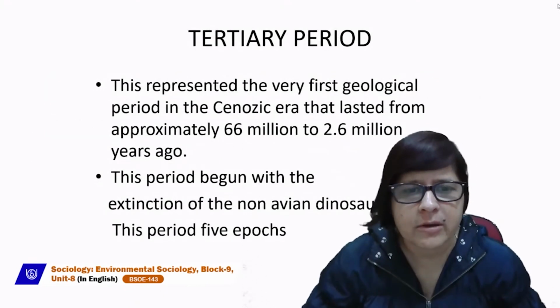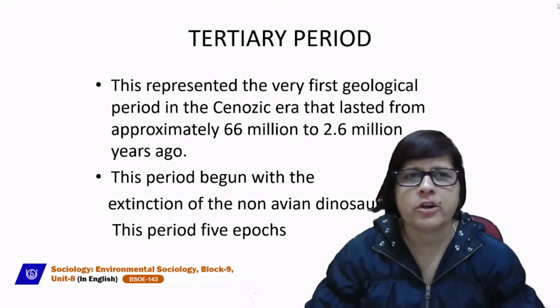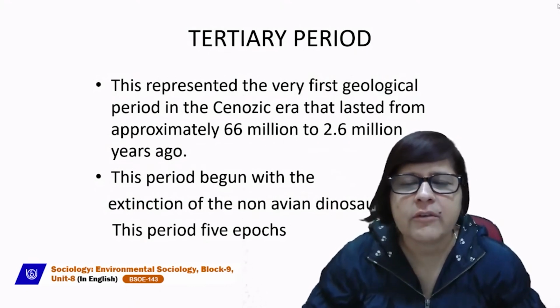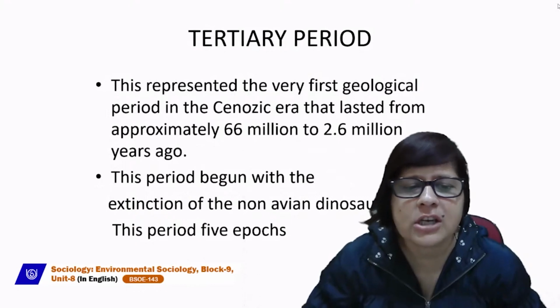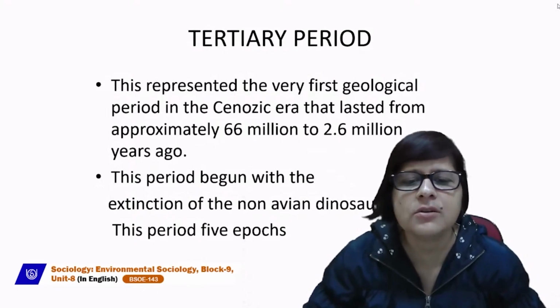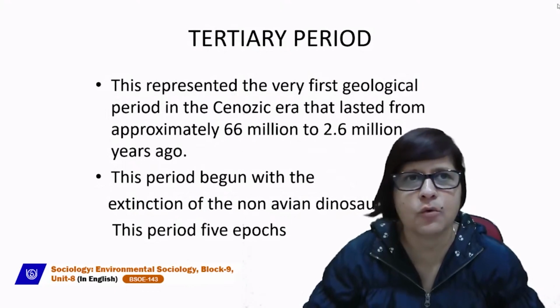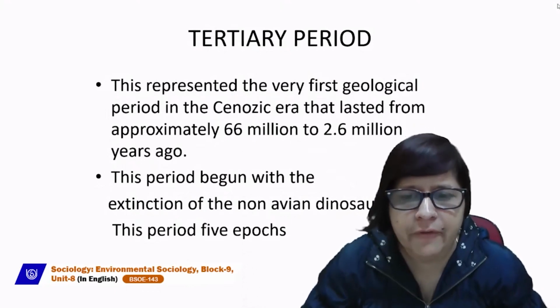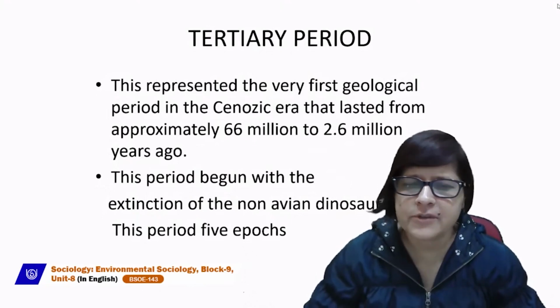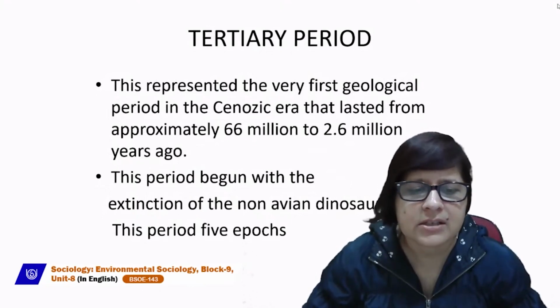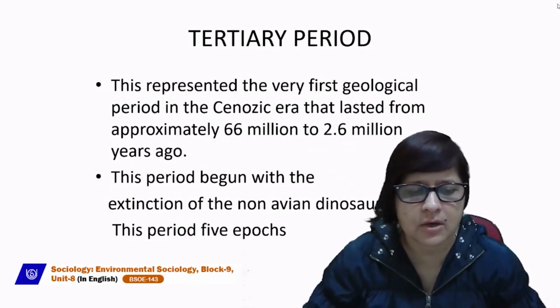What is the Tertiary period? The Tertiary period is the first geological period in the Cenozoic era, and it lasted from approximately 66 million to 2.6 million years ago.